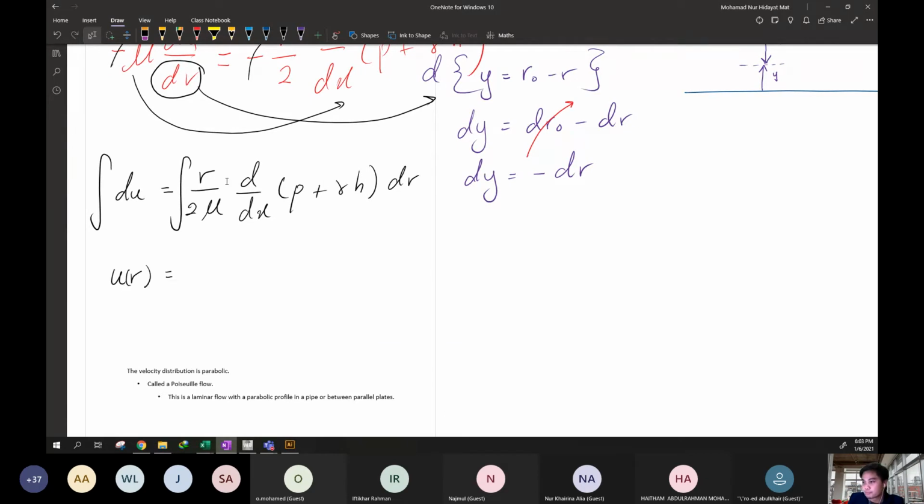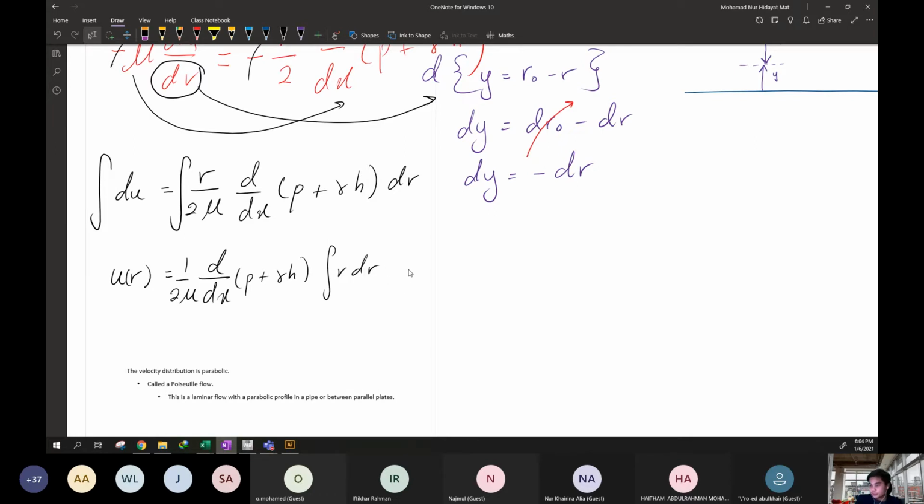From here, this is d over dx, this is constant because it is fully developed. Velocity profile will not change. The only thing that changes is r. You can see this is dr. So d over dx, 1 over 2 mu p plus gamma h integration r dr.